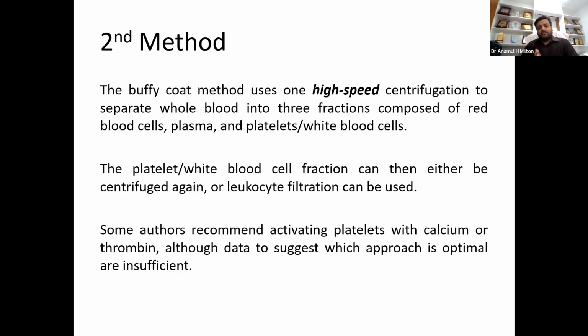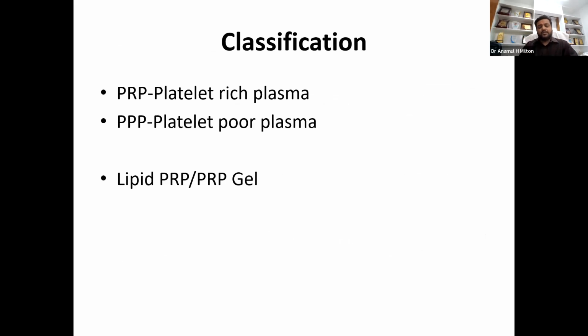Many times we use calcium or sometimes other activators to activate the platelets, because activating platelets is the main thing. In activated platelets, there are a lot of granules and growth factors that help in angiogenesis and new tissue generation. Later we'll see these things.